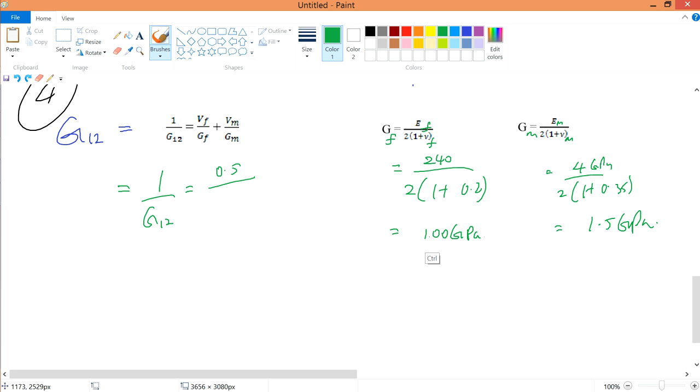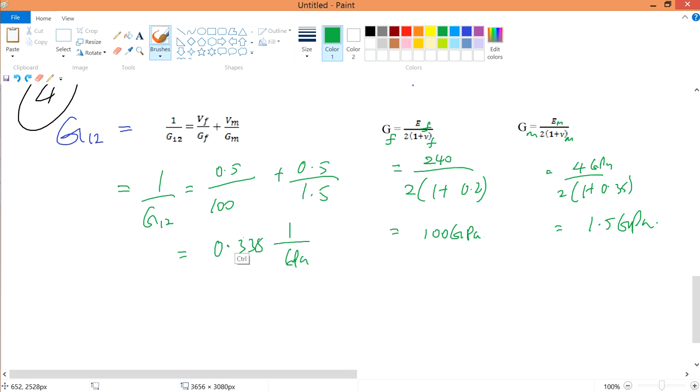And then divided by the shear modulus of the fiber, which is 100 GPa, plus 0.5 for the matrix volume over the shear modulus of your matrix, 1.5. If you calculate, you have 0.338 1 over GPa. Yes, because your shear modulus is all at the bottom.